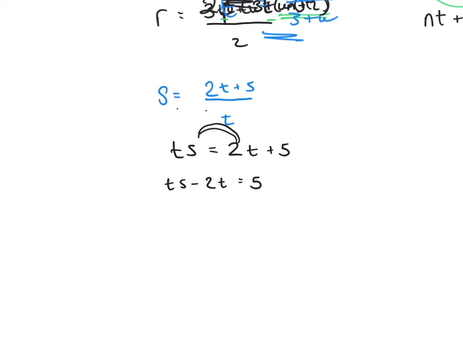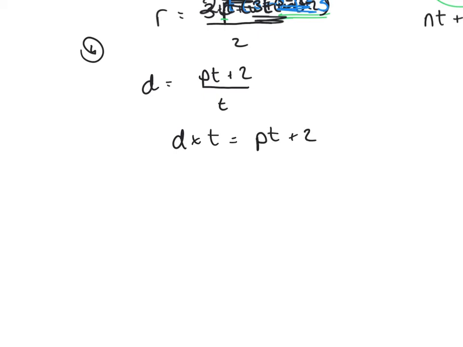That was the purpose of moving that over, so that I could have these together on one side and then factorise. The common factor is t, so t bracket s minus 2 is equal to 5. T is getting multiplied by s minus 2, so I'm going to eliminate that by dividing by s minus 2. And that would be t equals 5 over s minus 2, final answer.